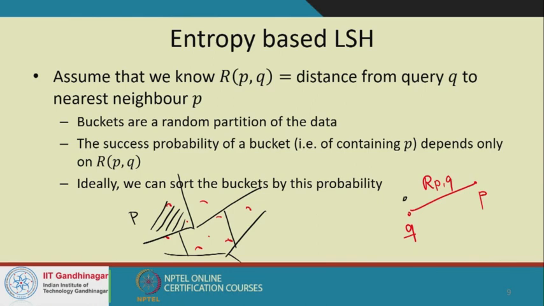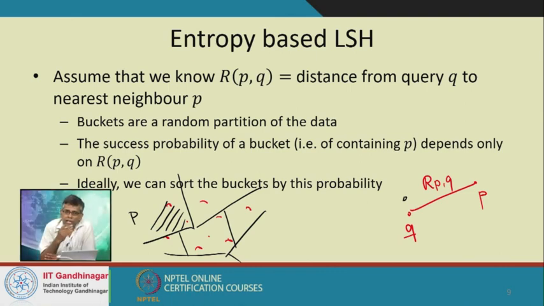Okay. So ideally, if I can sort the buckets with this probability, if for every bucket I could calculate the probability, if I knew RPQ, if I could write down the probability that this bucket contains the near neighbor P, and then sort the buckets with this probability, then I would look at only the top few buckets, because I don't really want to look at all the buckets because that's too expensive.